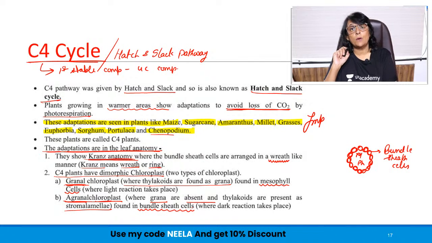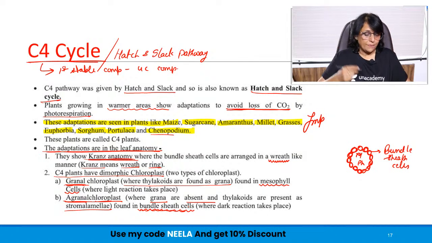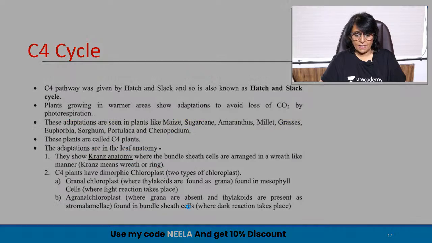When we talked about dimorphic chloroplast, we said the granule ones are found in mesophyll cells of C3 and C4 both, whereas agranule are found in bundle sheath cells of C4 plants. Okay. Now how this is going to be helpful, that we will see in a minute.